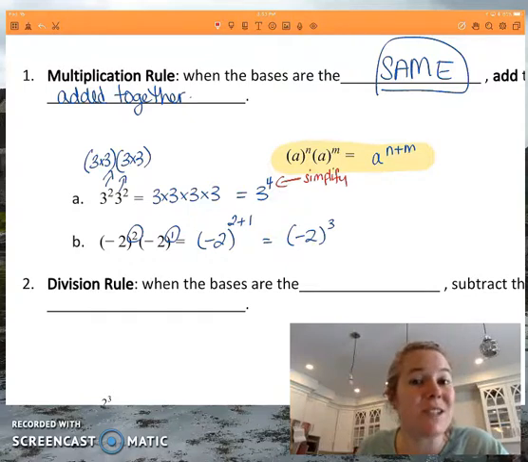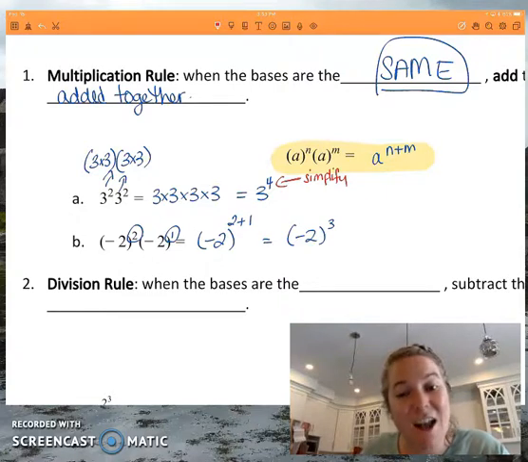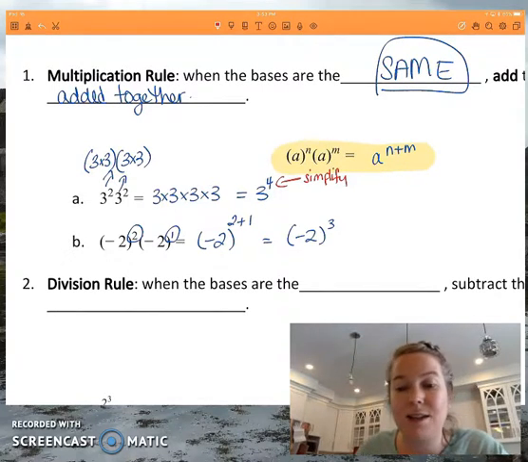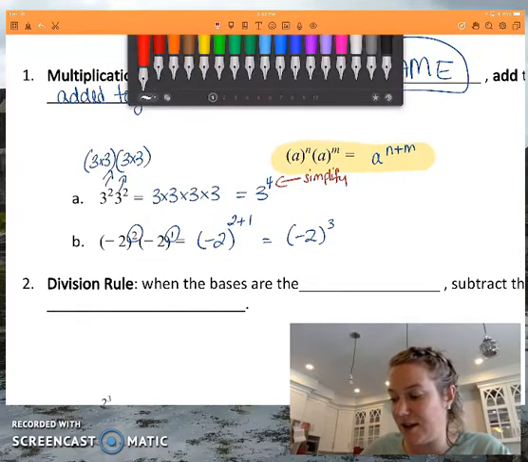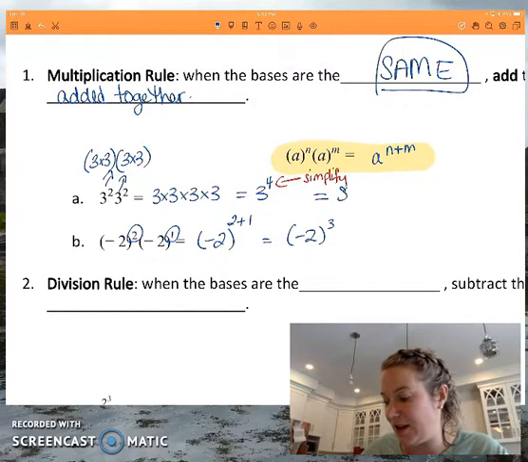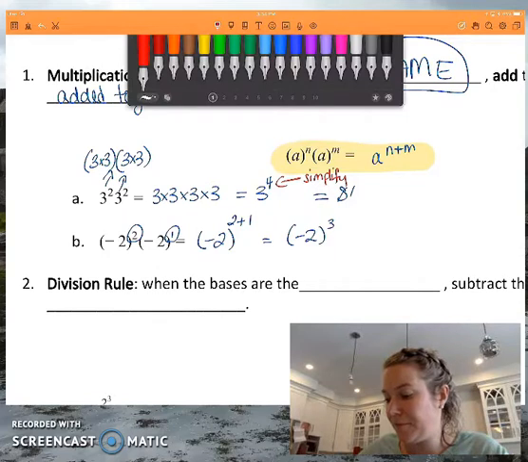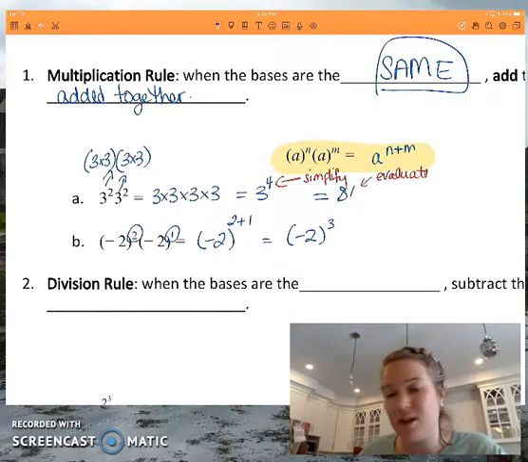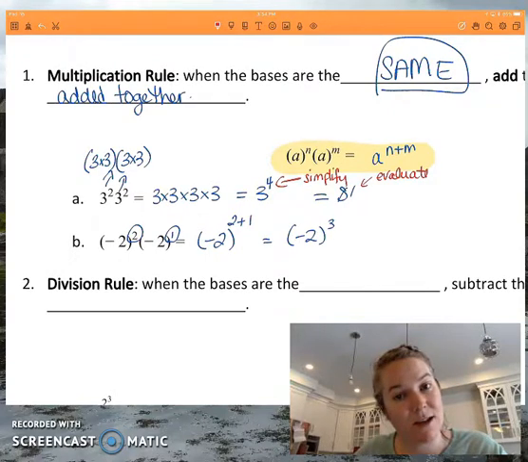But if you see evaluate, it's going to tell you to bring it to a numerical answer. So in this case, 3 to the exponent 4 is 81. So if I say this equals 81, that is in response to a question that says evaluate.